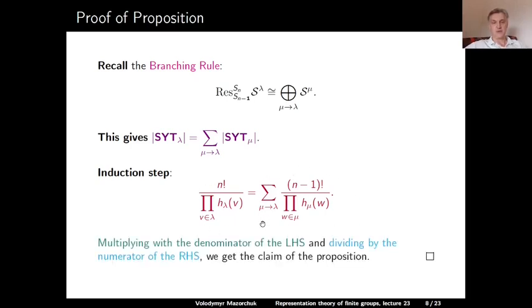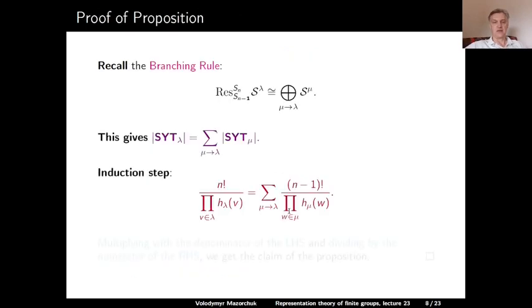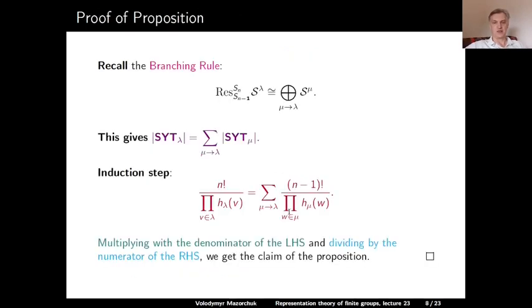What we can do now is multiply with the denominator of the left-hand side and divide by the numerator of the right-hand side. So n factorial divided by n minus 1 factorial gives us n. And when we multiply with the denominator of the left-hand side, and in this way move it to the right, we will get exactly the expression on the left-hand side of our proposition. So this completes the proof of our proposition.